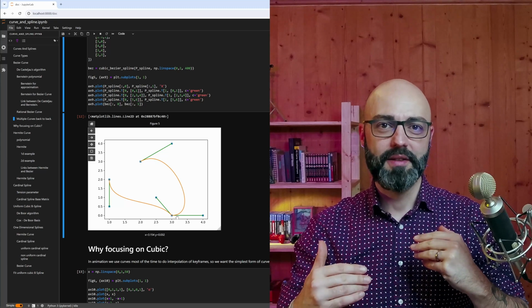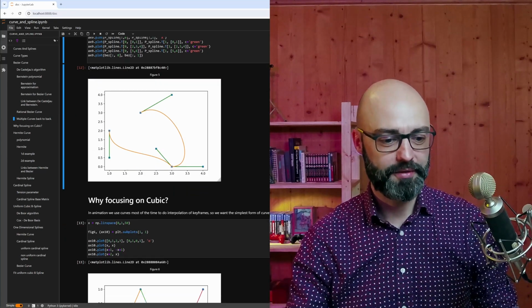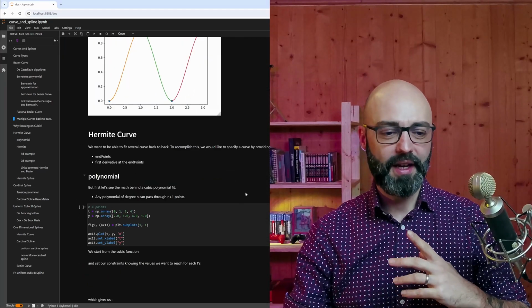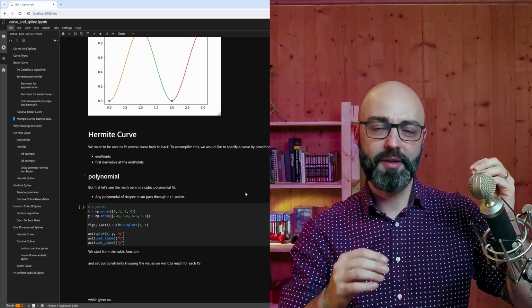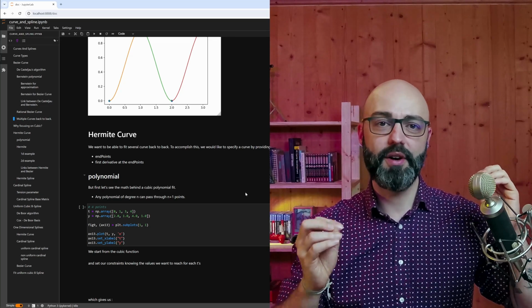So this type of curve now is what we call a Hermite curve. And the Hermite curve is basically defined as the endpoints and the tangent, so basically the derivative of the endpoints.